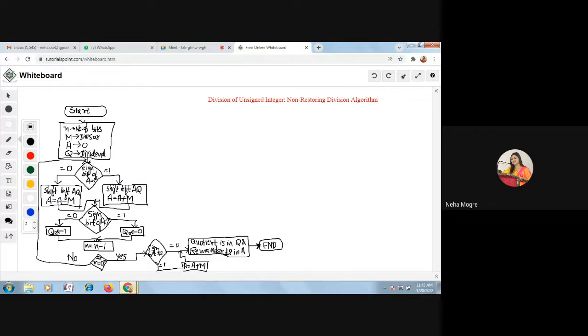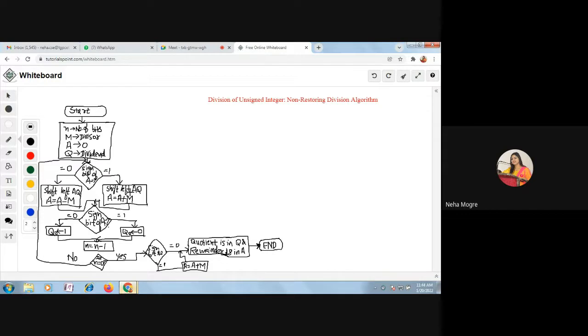After that we check the sign bit of A. What is the sign bit of A? That is the MSB of A. If the MSB of A is 0, we perform shift left AQ, that is, shift left of A and Q both, and also perform A equals A minus M, and the result is stored in A. If the MSB of A is 1, what do we do?